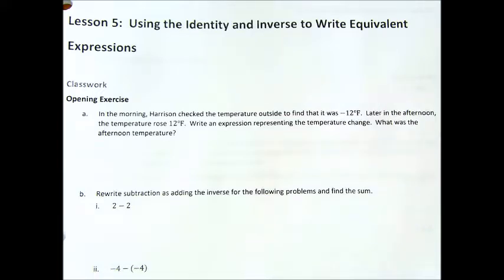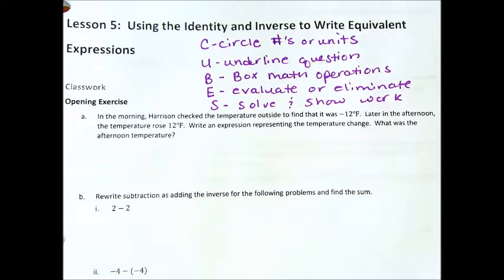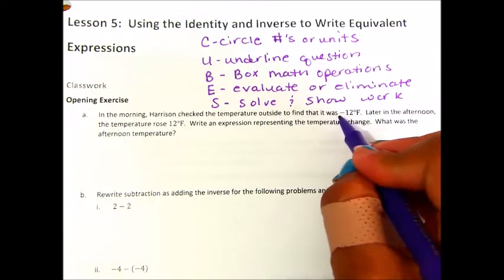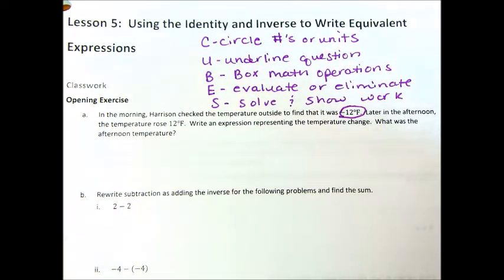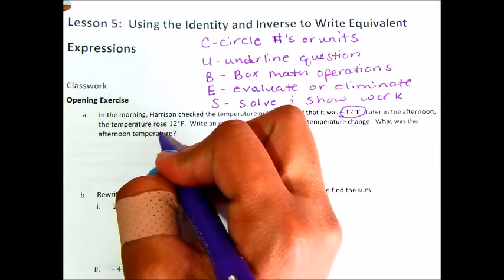Well, first I noticed that this is a word problem, so I'm going to want to use cubes to help me annotate this problem. So I'm going to start by circling the numbers or units that I see. Harrison checked the temperature outside and found that it was a negative 12 degrees Fahrenheit outside. Later in the afternoon, the temperature rose.